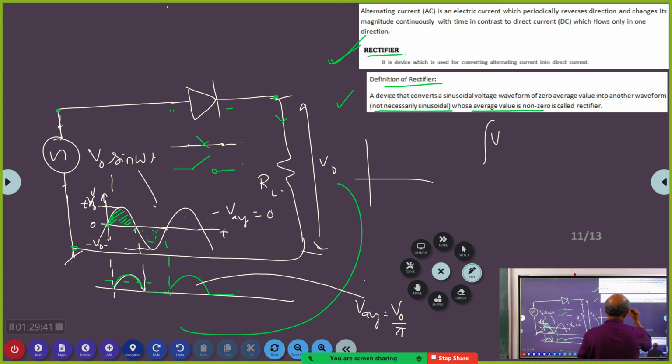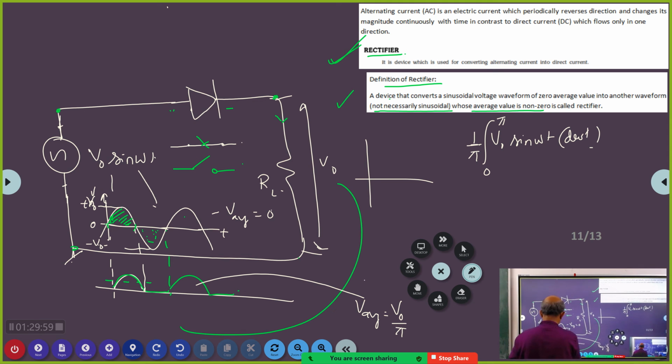So integration of V naught sine omega t d omega t over 2 pi, and this is from 0 to pi, because from pi to 2 pi it is 0, no point in integrating.